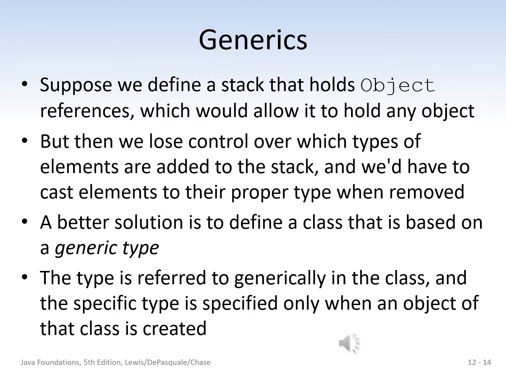A more efficient solution is to have a class that is based on, and this is a key term, a generic type. The type is referred to generically in the class, and the specific type is specified only when an object of that class is created.